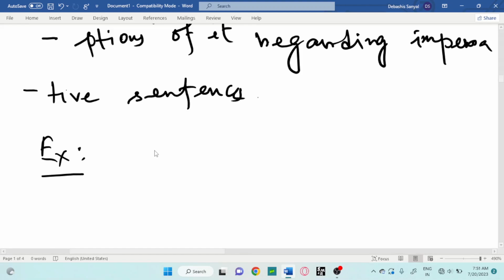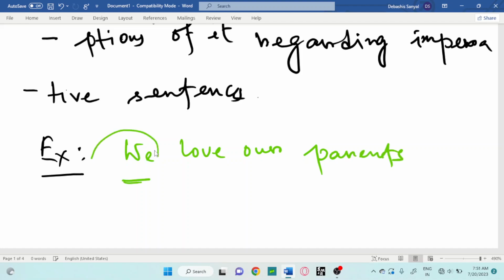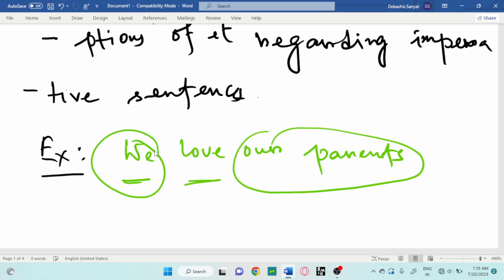For example, we love our parents. Here, we is the subject, love is the verb, and our parents is the object, and love is the transitive verb.